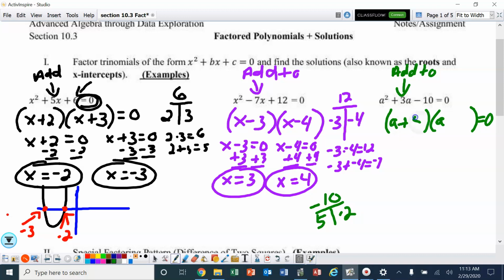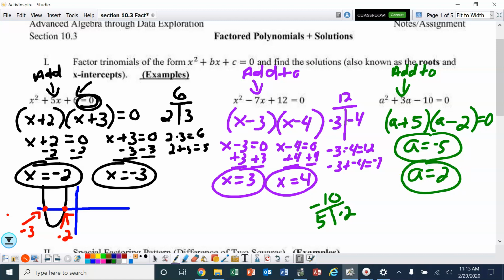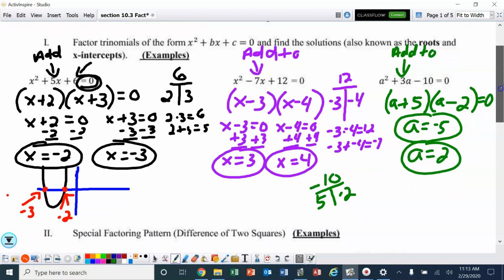So I'm not going to show the work here. The solutions are -5 and +2. All right, let's keep going.